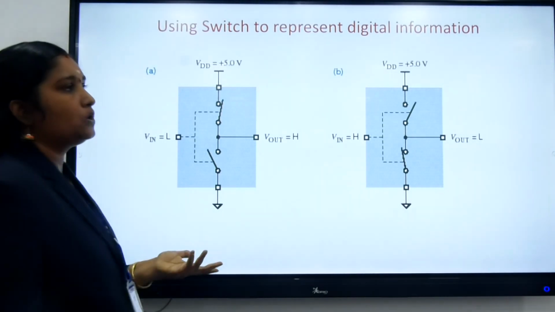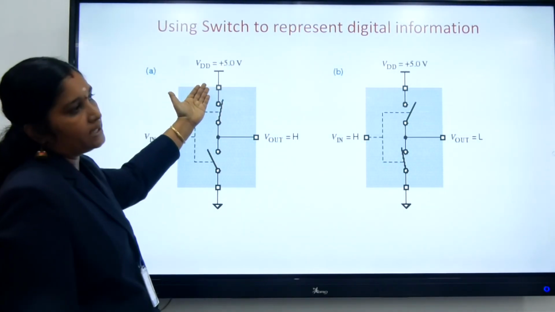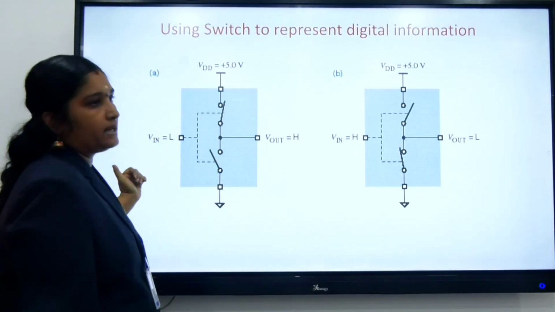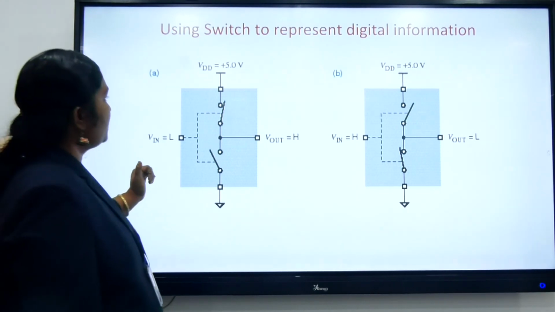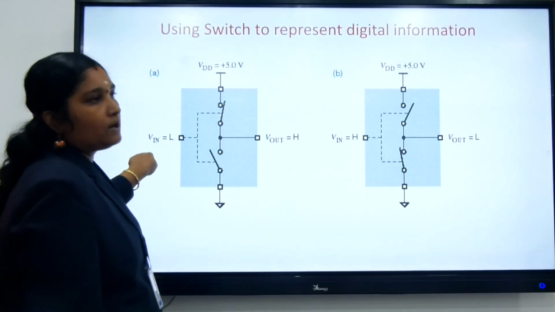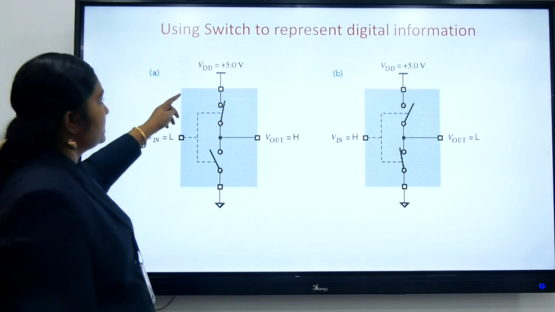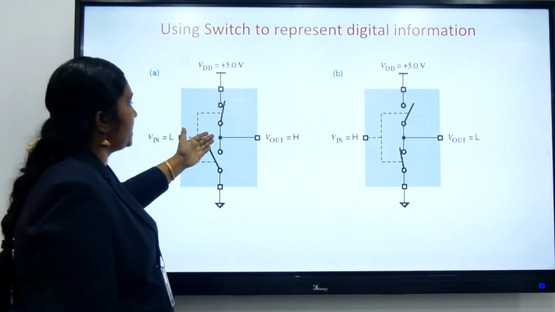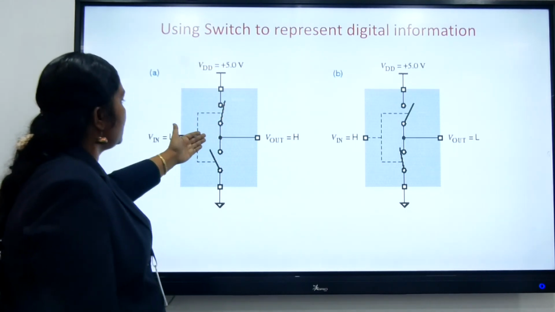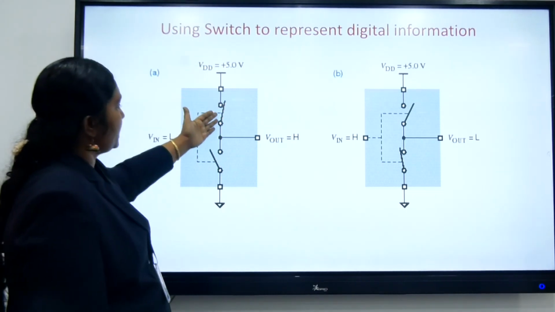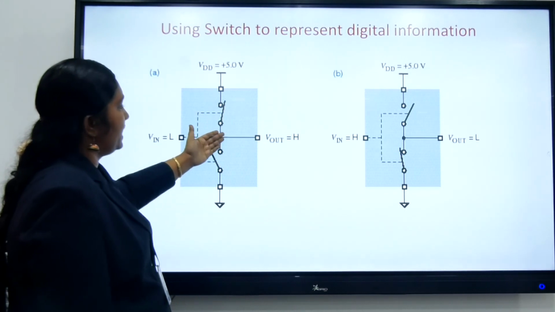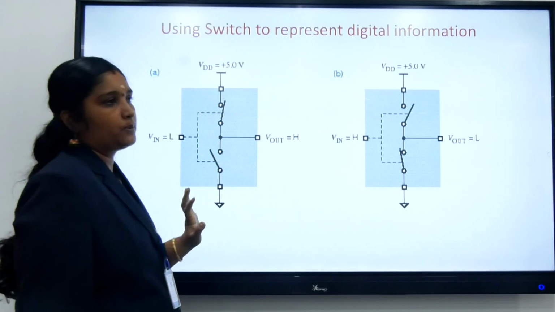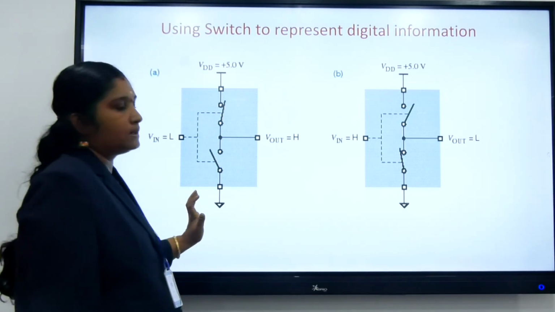As we already know, if the high level voltage is connected to the low level voltage, there will be a flow of current. Similarly, if a low level voltage is given here, this switch is kept closed, so a path is created and this voltage level is maintained, and we can take this as the high level voltage on the output side because it is not grounded.